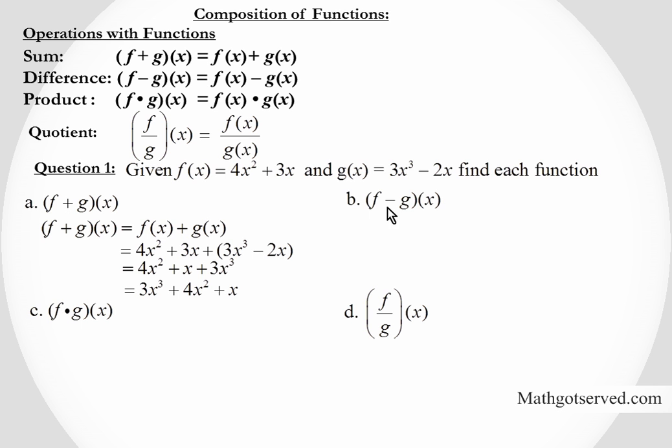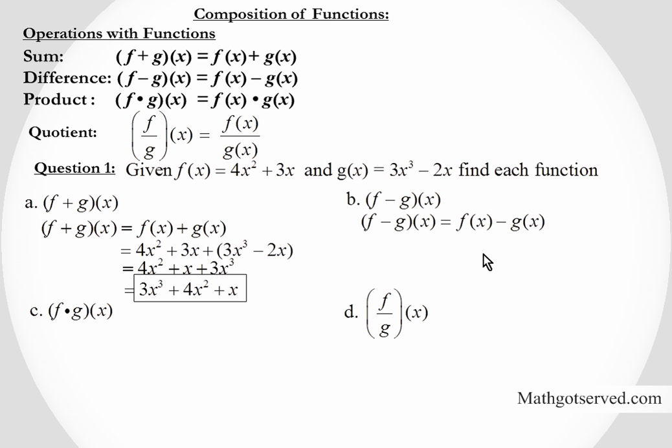Alright, for the difference, f minus g of x, using the formula, is f of x minus g of x. You have to be really careful here because anytime you're subtracting a function, you have to distribute the sign to all the terms of the function that you're subtracting, which will create an inversion of all these signs, okay?